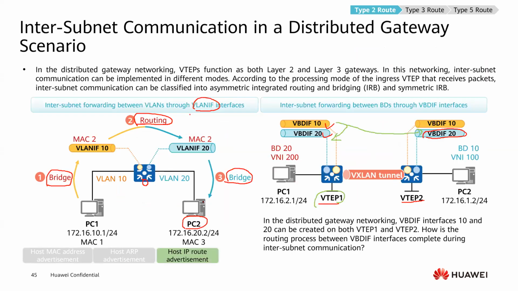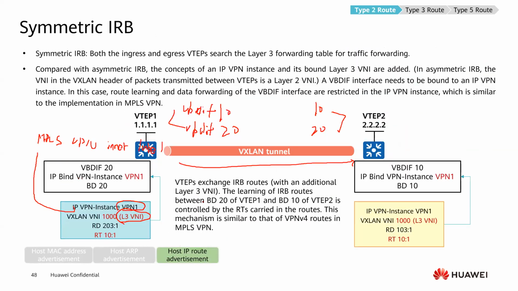And you will find that one thing is slightly different: this label is not generated by BGP. It is configured by yourself, but the function is the same, to indicate which VPN instance the packet belongs to.